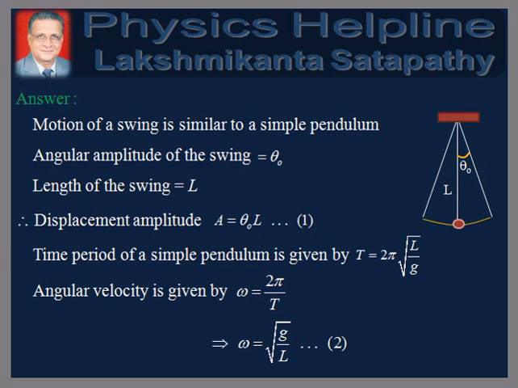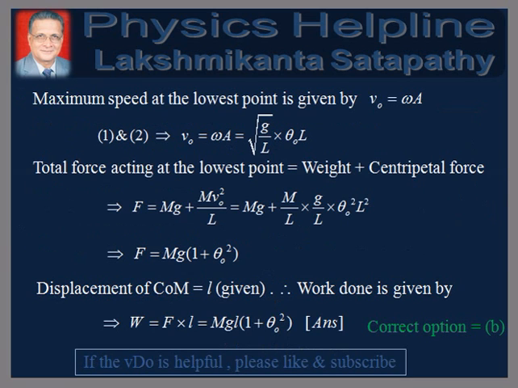Also, angular velocity is given by omega is equal to 2 pi by T, which implies omega is equal to root over g by L. Now, maximum speed of the person at the lowest point is given by v0 is equal to omega into A. From equations 1 and 2, we have v0 is equal to root over g by L into θ0 L.